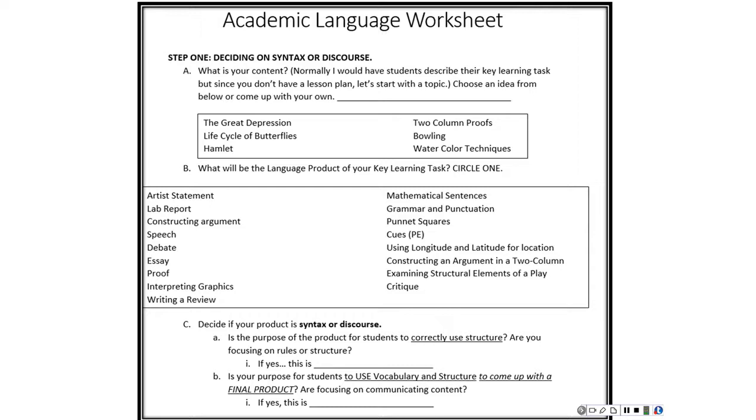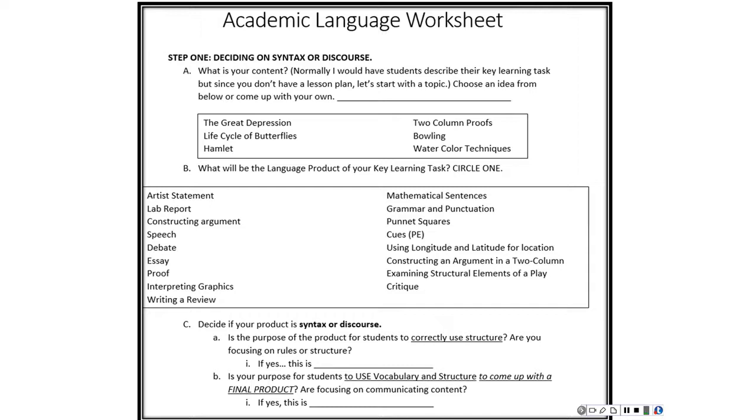So, that is what you have to decide. What is the purpose? So look at what you chose as your product and decide, is the purpose of your product to correctly use structure? Are you focusing on rules and structure?